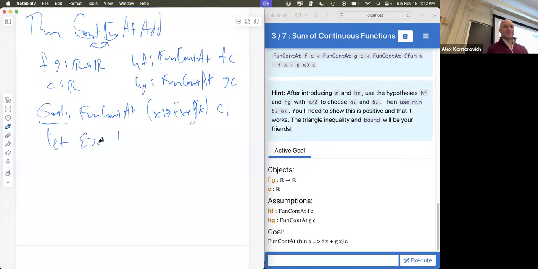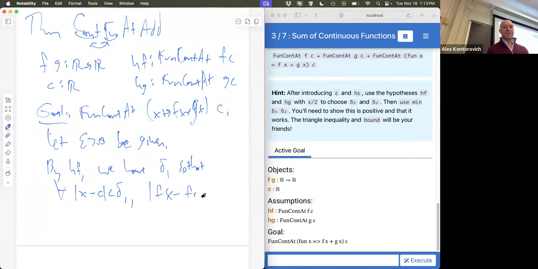Let epsilon be given. Then by HF, we have delta 1 so that for all x, absolute value of x minus c less than delta 1 implies absolute value of f of x minus f of c is less than epsilon over 2.